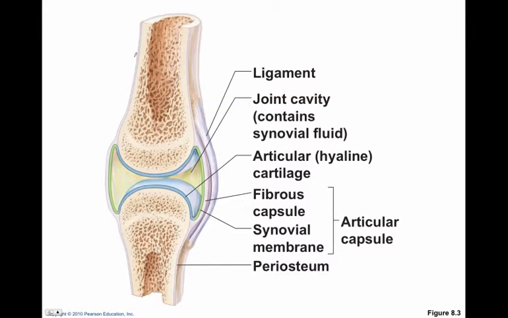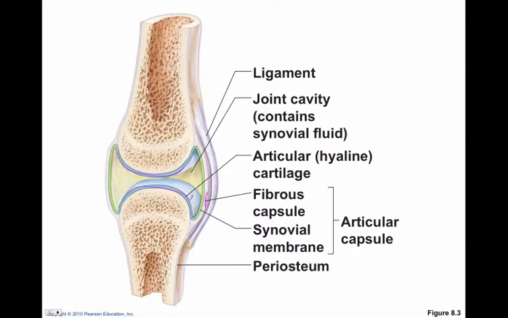So just different areas there that perform differently. So here's kind of a simplified model of a synovial joint. And so we can see that we have this articular or hyaline cartilage that's on the epiphyses of these bones. And then we have this fibrous capsule out here surrounding it.